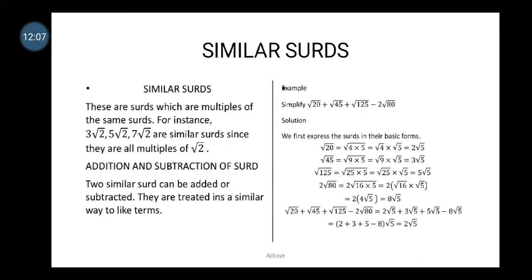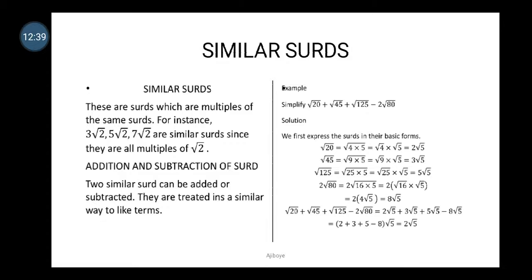For example, simplify root 20 plus root 45 plus root 125 minus 2 root 80. The first thing to do is to express those surds in their basic forms. Looking at 20, can I divide 20 by any perfect square, for instance 4?